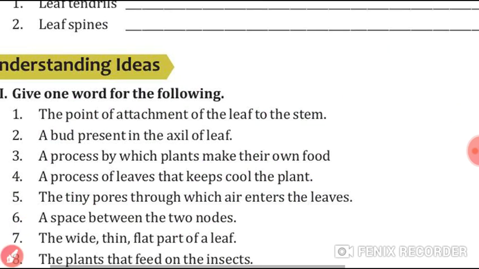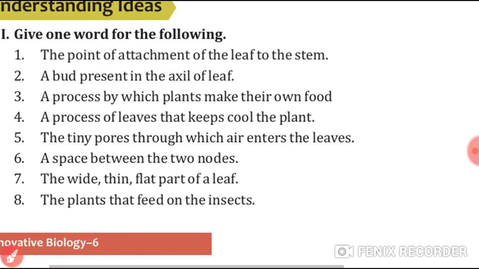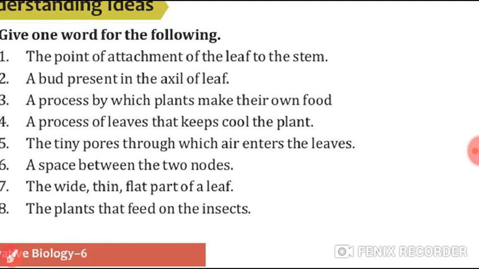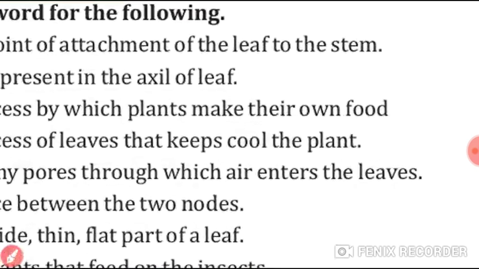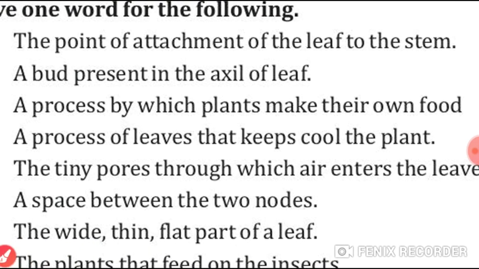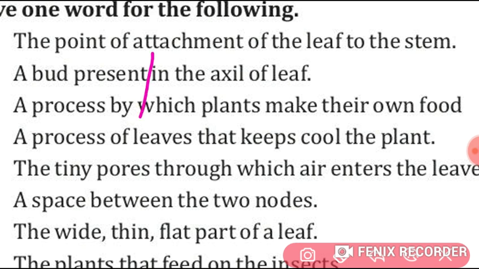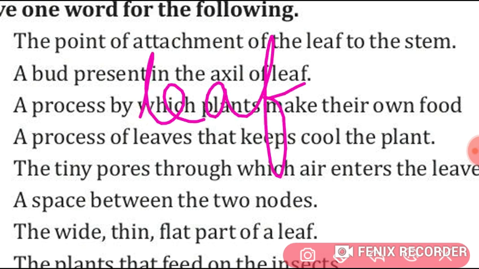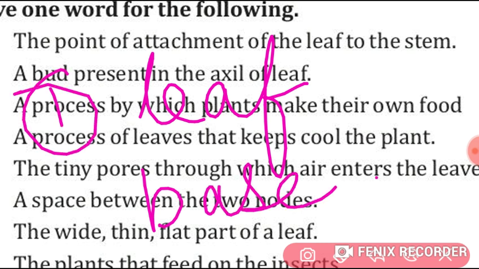Now, we will give one word for the following. Number 1. The point of attachment of the leaf to the stem. Students, what is that called? Leaf base. This is answer number 1.